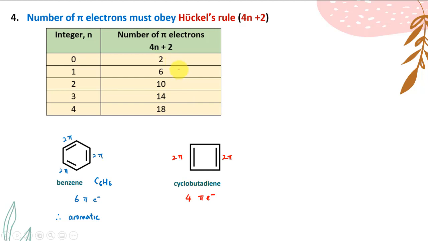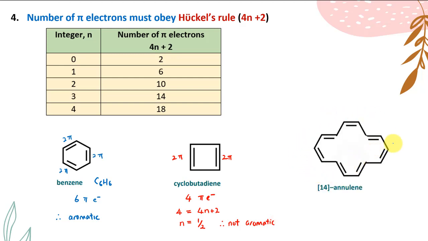If you apply the formula 4n plus 2 with 4 pi electrons, it will give you n equals 1 over 2. When n equals half, it is not an integer. Therefore, cyclobutadiene is not an aromatic compound, as it doesn't obey criteria number 4, Hückel's rule.